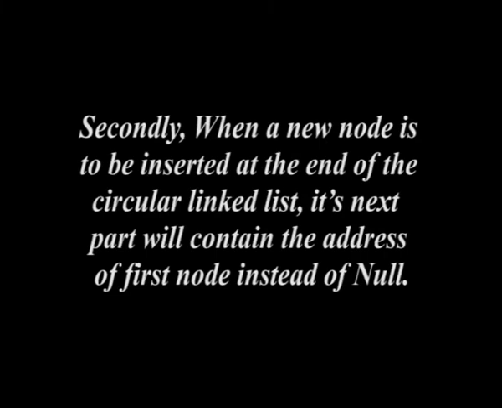If both the addresses come out to be same, then we have reached at the end of circular linked list. Secondly, when a new node is to be inserted at the end of circular linked list, its next part will contain the address of first node instead of null.